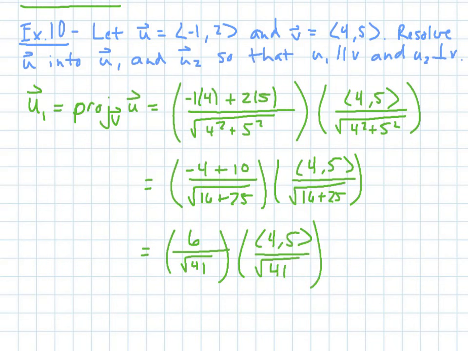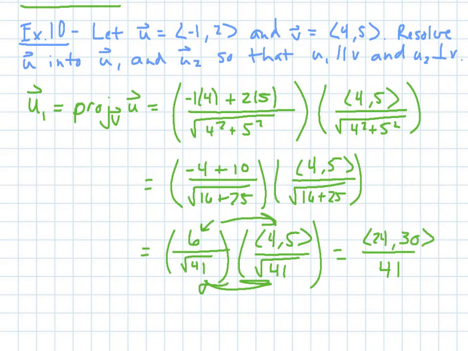Okay, now notice what happens here. This is a scalar, the 6, and then we can distribute into our vector. Notice that these two things are the same, so square root of 41 times square root of 41 should just get you 41. So if I have 41 in the denominator and I distribute the 6, or the scalar value, into my vector, 6 times 4 gets me 24, and 6 times 5 gets me 30.